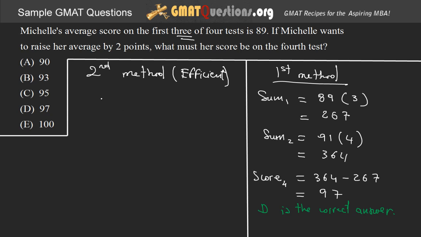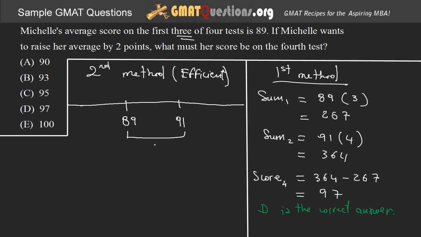For the second method I'm going to use a technique. Some people call it the Fulcrum method. What is important is to know how to use it. So draw a line here. And this 89, you're going to write it somewhere, and then the 91, 89 plus 2, on the right side. Then you're going to take the difference between the two. 91 minus 89 is 2.